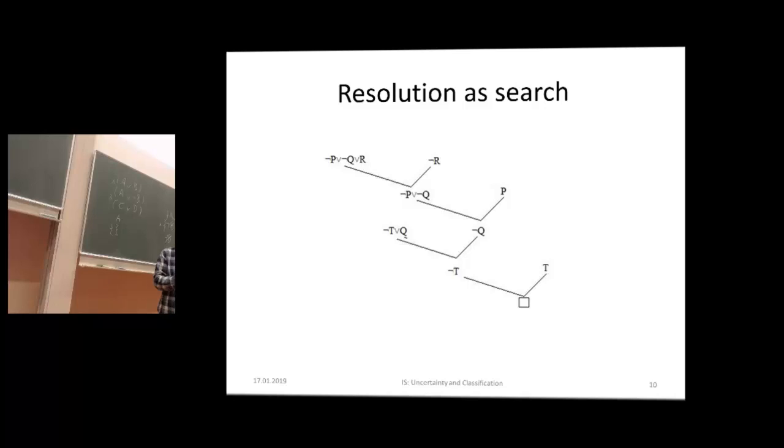When you have an existential quantifier, you introduce a new constant, and you can therefore translate all your formulas into those grounded clauses.